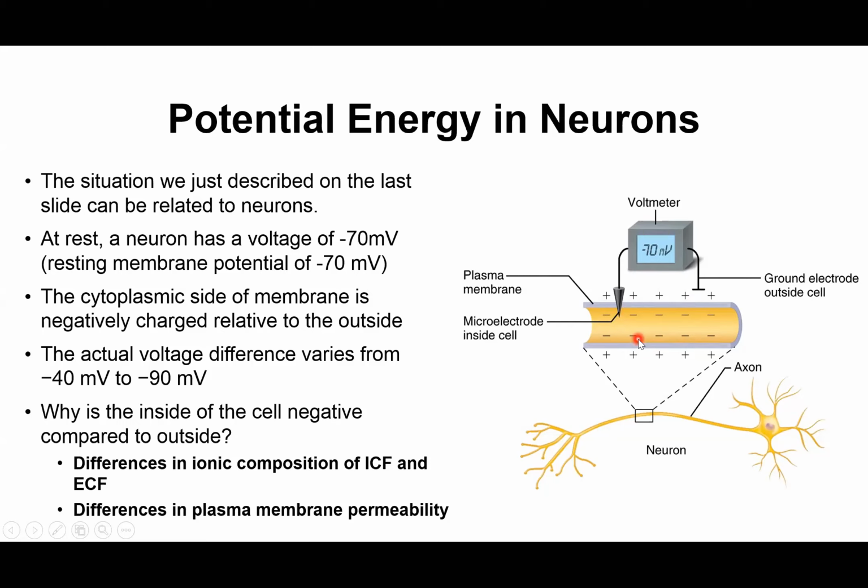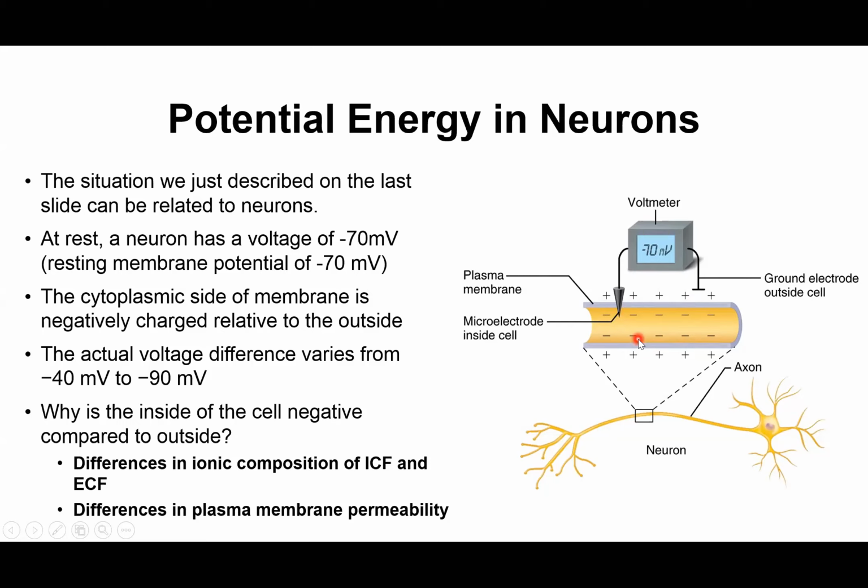Potassium as an ion is 25 times more permeable than sodium, and it diffuses out of the cell because there's already more potassium inside of the cell, so it's going to diffuse down its concentration gradient, going from that crowded gym to the hallway space. So it's going to move from inside to outside. So potassium is diffusing out of the cell.